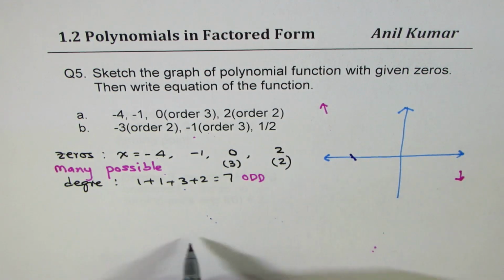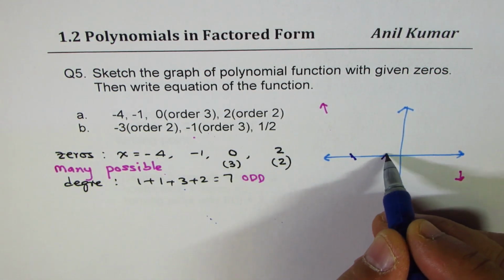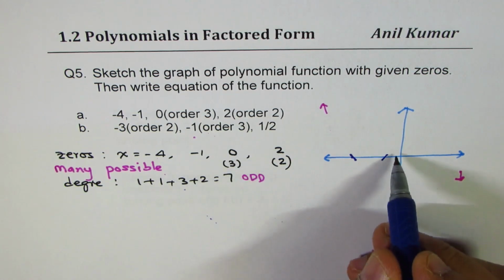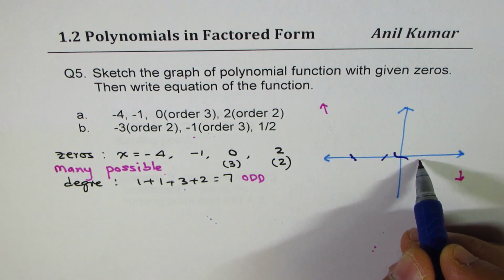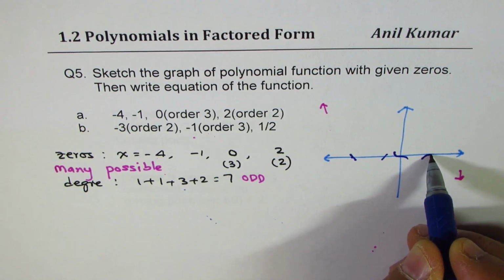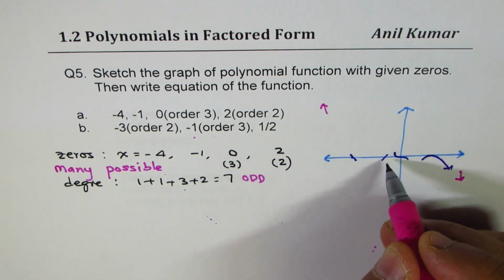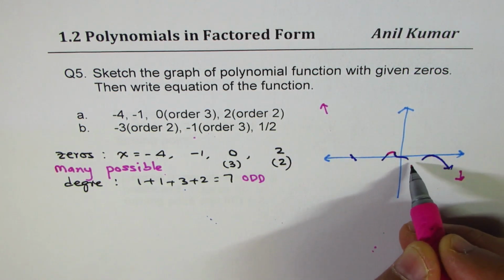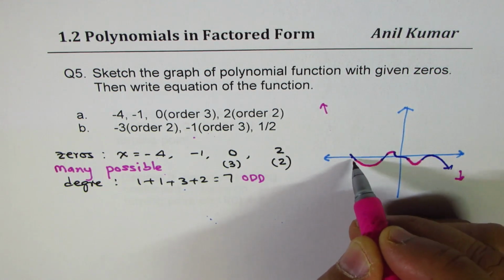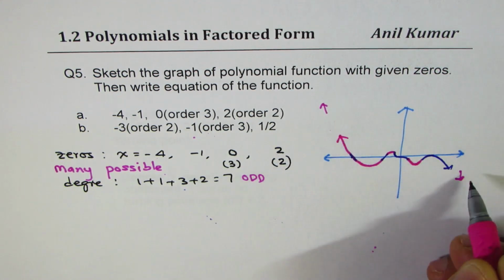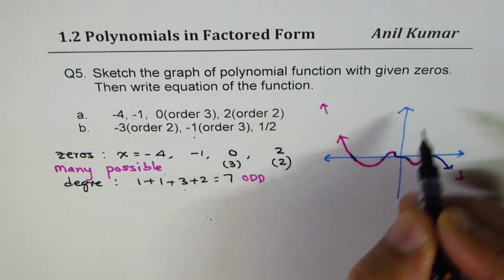So we'll just go down. Then at -1, again a linear. So we'll go up here. At 0, cubic. So we'll come down with kind of like this. And at 2, we are going to turn. Do you see that? So these points could be connected. And we get our graph. Perfect. So that is the first part.